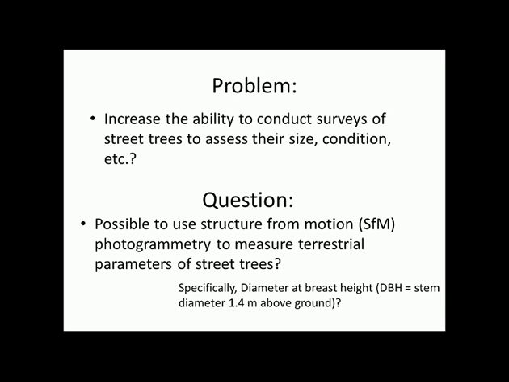And specifically, we want to see if it can do the task of getting the DBH, which is diameter at breast height. It's 1.4 meters above the ground, and it's a commonly used parameter for assessing volume of trees.